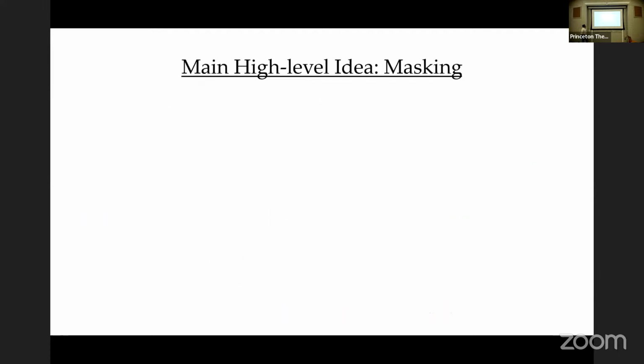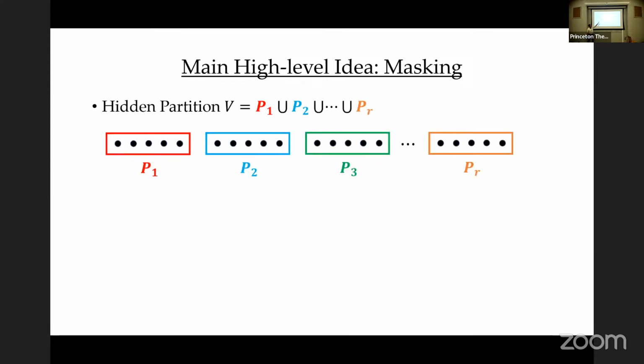Good. Okay. So both these results that I'm going to talk about, and in fact, even the Balkanski-Singer result, the main technical idea is something called masking. Okay? So imagine the universe has a partition that you don't know, that the algorithm designer doesn't know.